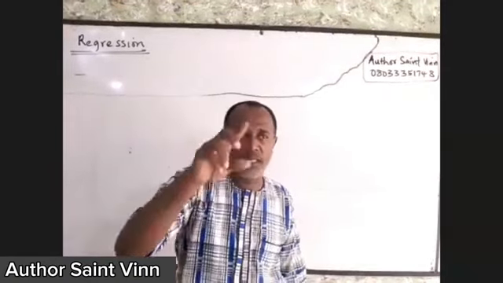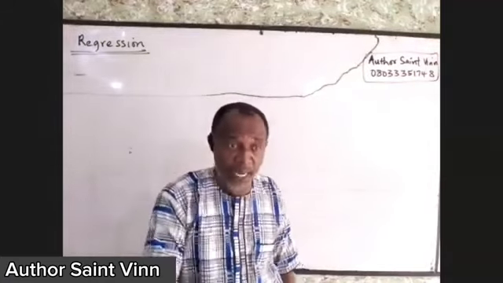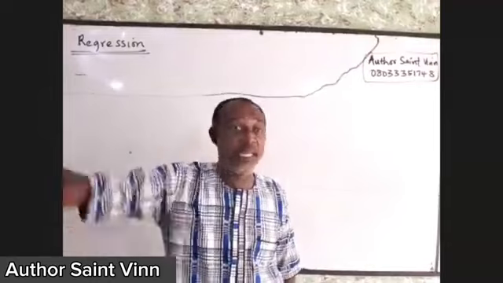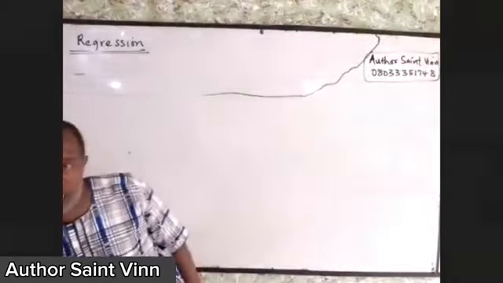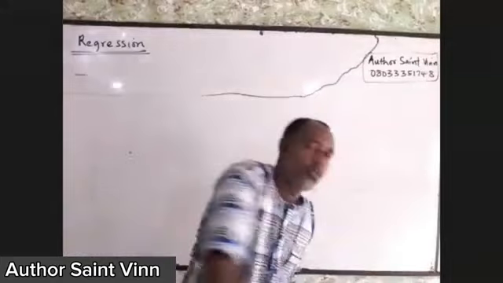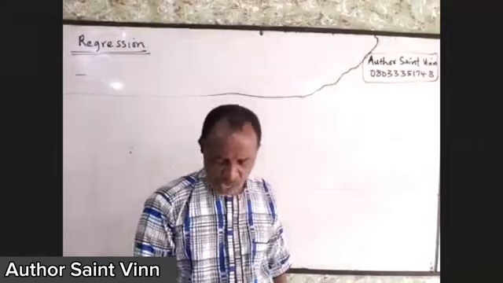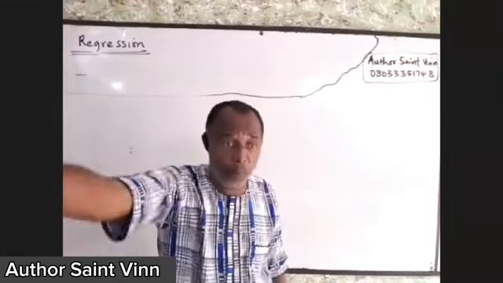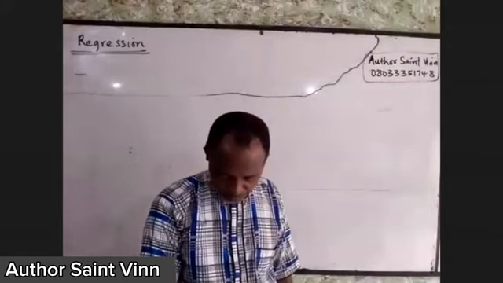In most cases y is the dependent variable, while x is the independent variable. That means y looks up to x to get its value. I will use it to predict what will happen in the future. Is that okay?